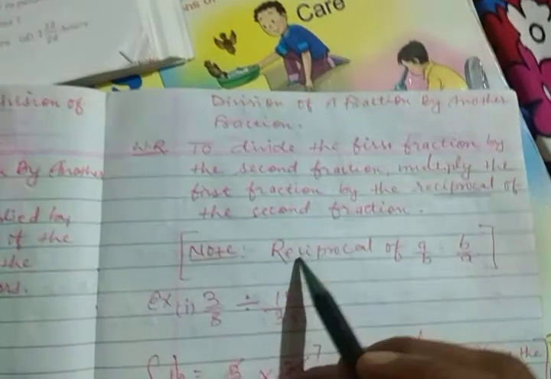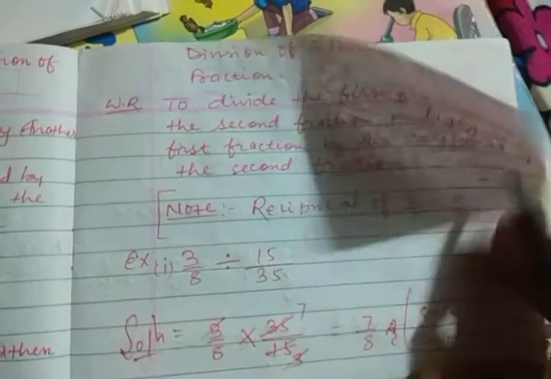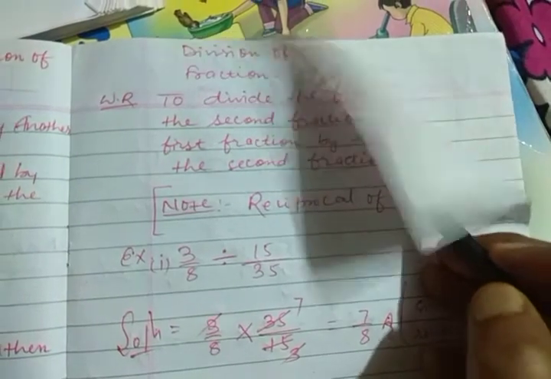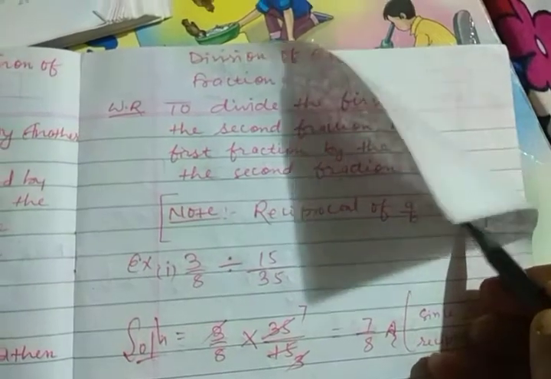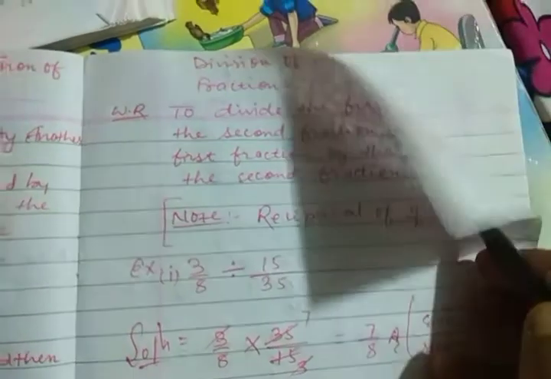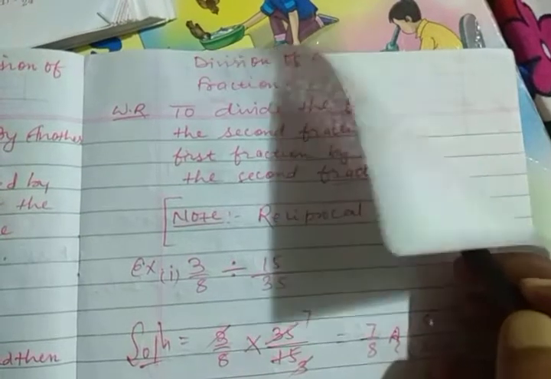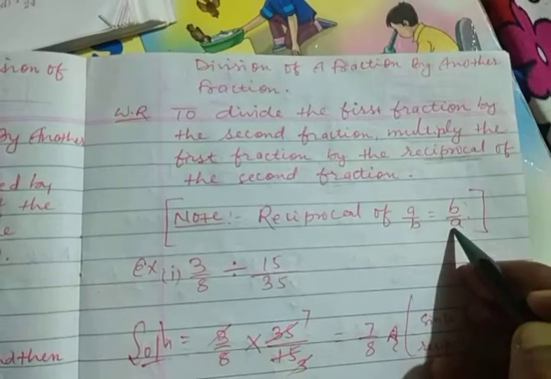Reciprocal means when a fraction is given in the form a by b, then the reciprocal of a by b is equal to b by a. Just it will change. So the reciprocal of a by b is b by a. Clear?